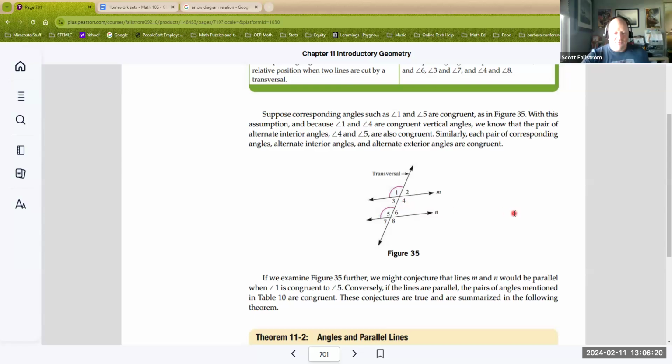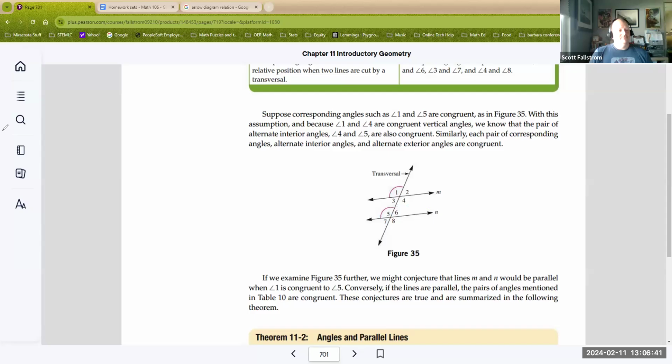And it's also true that if the lines are parallel, then the two angles that are on the same side, not alternating, had better add up to 180 degrees. And that's how we know things are parallel.